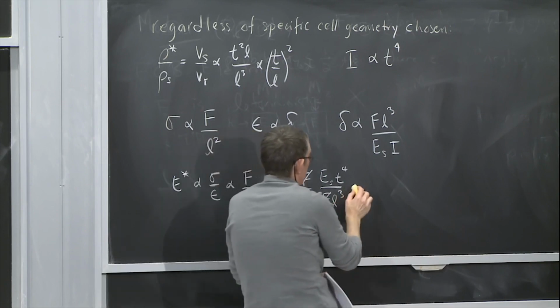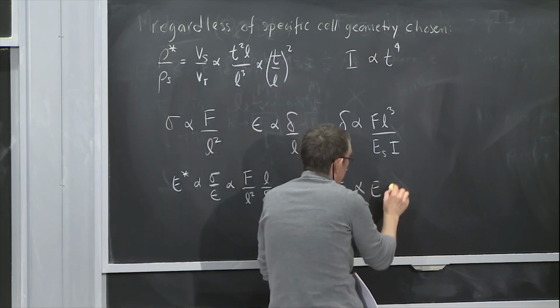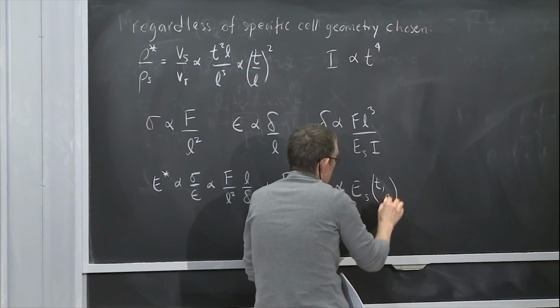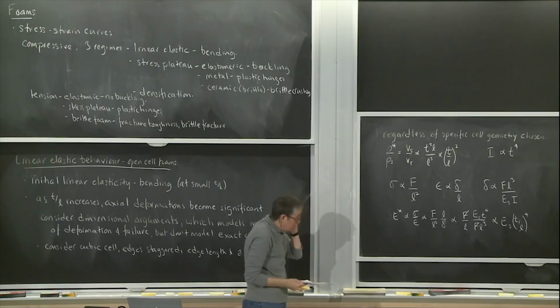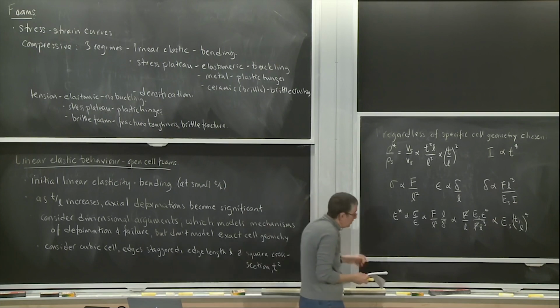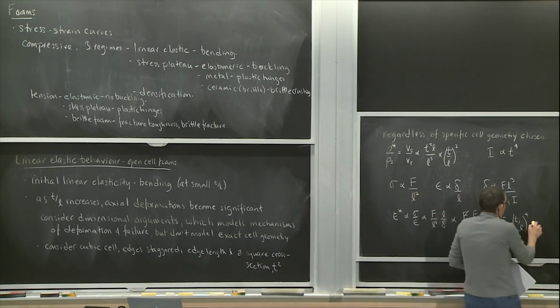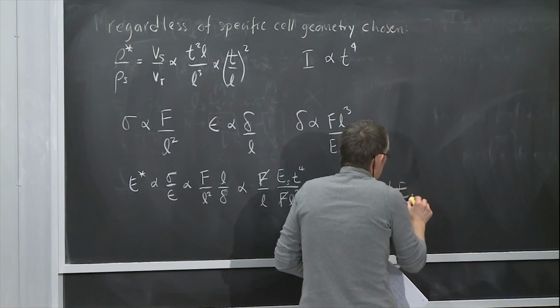So then the F's are going to cancel out. And I've got that the modulus goes as the modulus of the solid times T over L to the fourth power. And then I can put that in terms of the relative density.